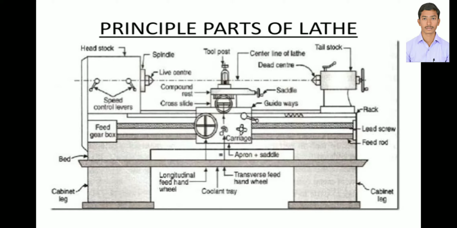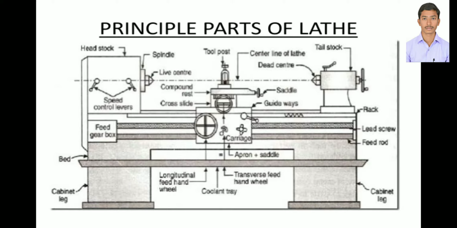In this lathe machine we have many different parts. The main parts are the headstock, tailstock, tool post, bed, live center, dead center.